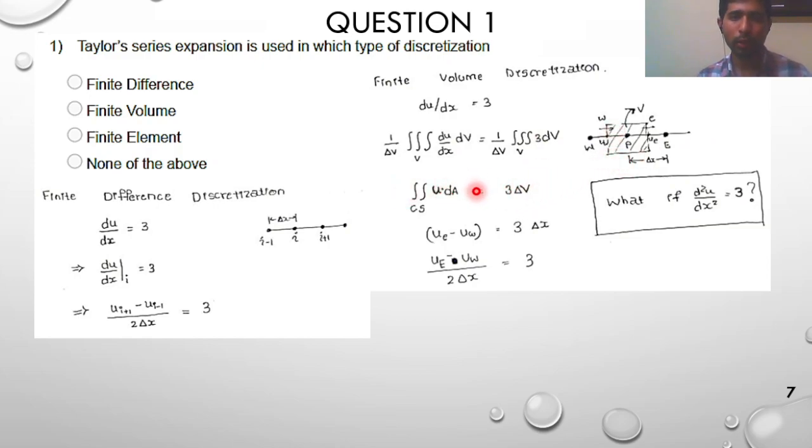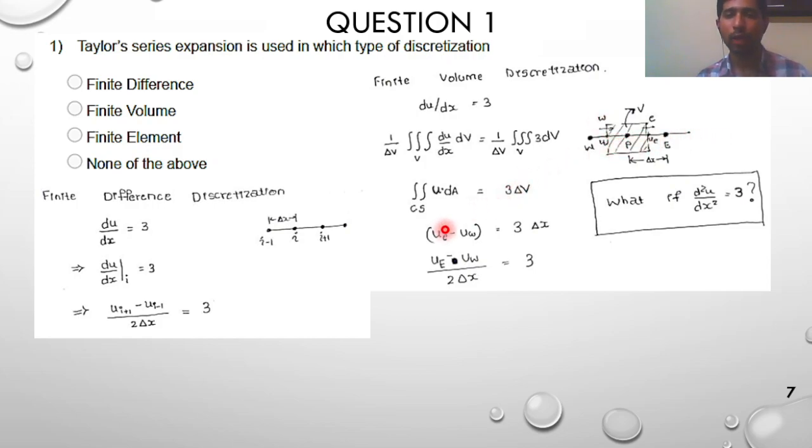Now u dA, if I do, remember that it is the normal area. The normal area of x velocity will be only along this east and west face, small e and small w which I have written. Now I'll get u_e minus u_w, because I will not get u_n minus u_s here, since I'm assuming that the x velocity is flowing only from the west and east control volumes, because it is a 1D control volume.